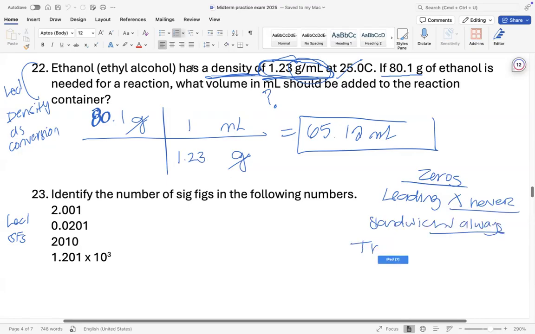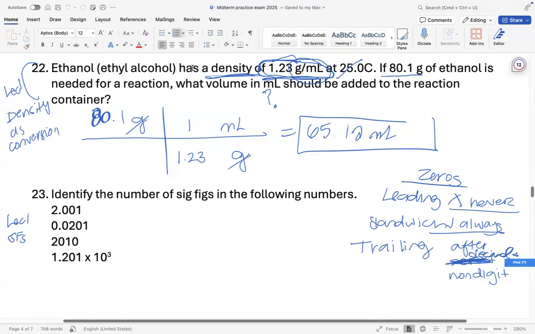And then trailing, that's where it gets funky. Trailing zeros have to be after a decimal and a non-zero digit. I'm sorry, I had a brain fart.